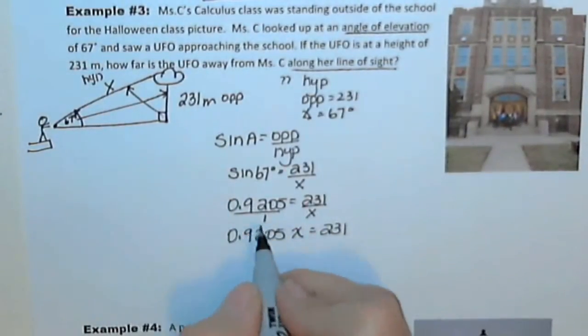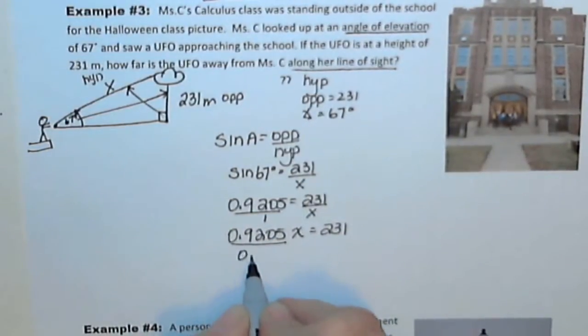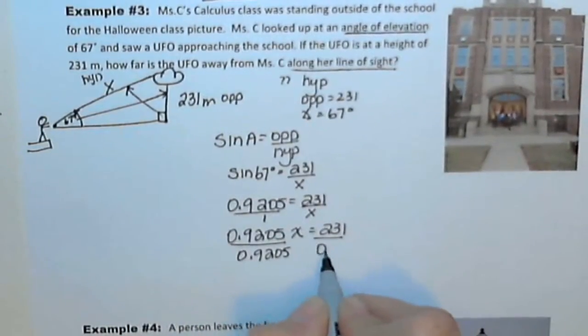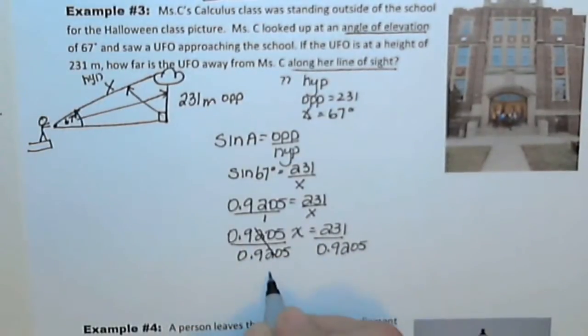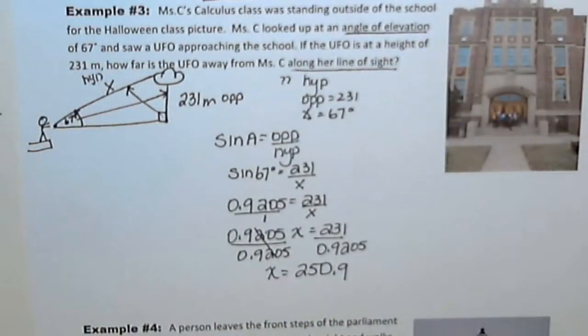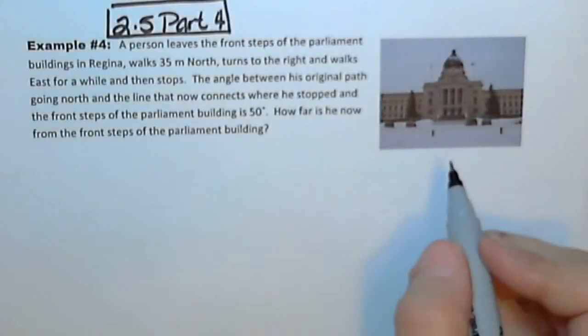To get the x by itself now, we are going to divide both sides by 0.9205. These cross out, and it doesn't say what decimal, so I'm going to choose 1, to the nearest tenth, 250.9 meters.